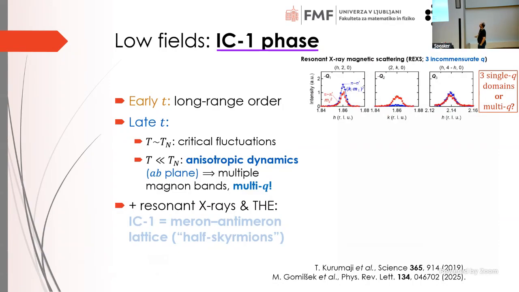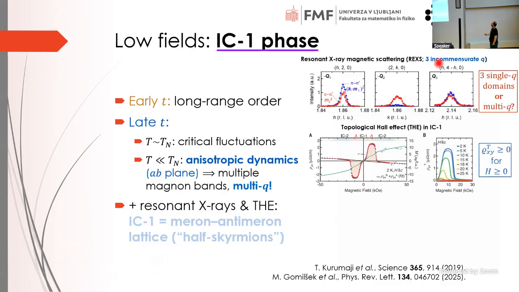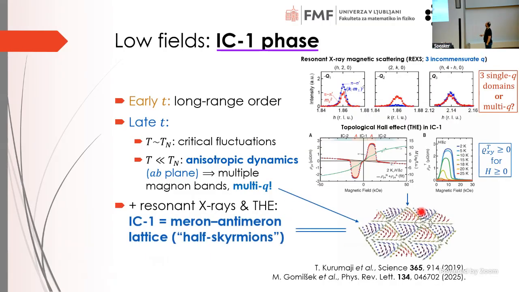We see multi-Q. They also saw topological Hall effect in this regime of low fields. And the conclusion from the paper was basically that if they could exclude the single Q domain scenario, the only thing that would be left is the meron anti-meron lattice as the ground state.